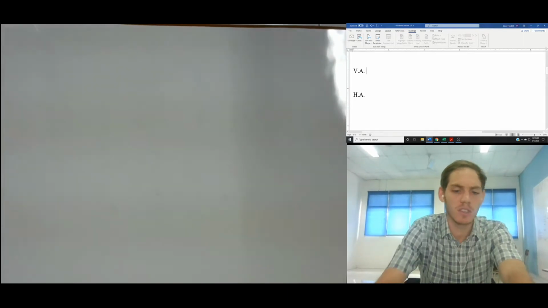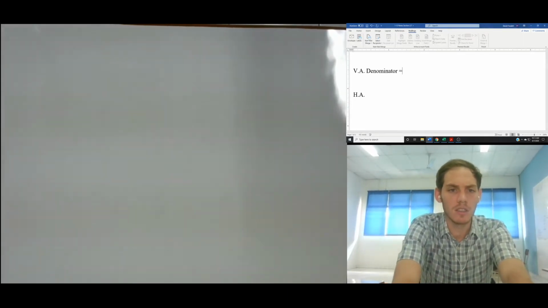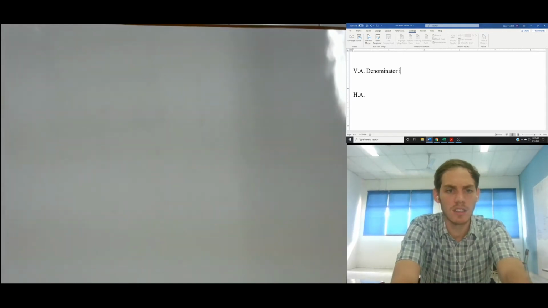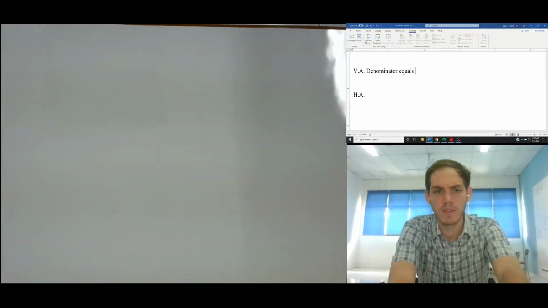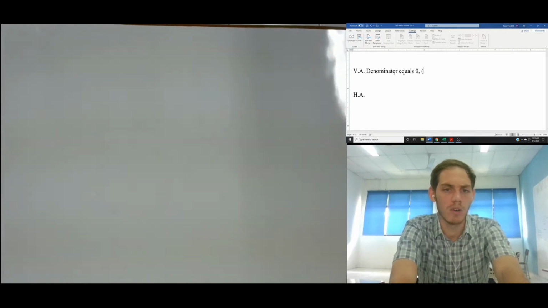A vertical asymptote is going to be where the denominator equals 0, or this could be a hole. A hole is where the factor is simplified away.